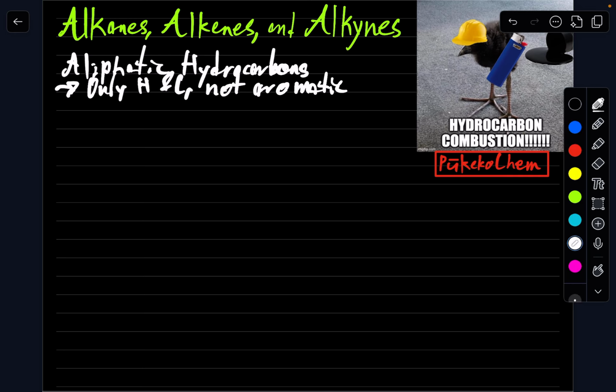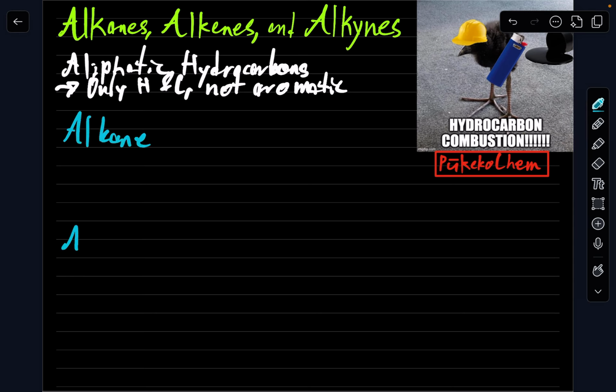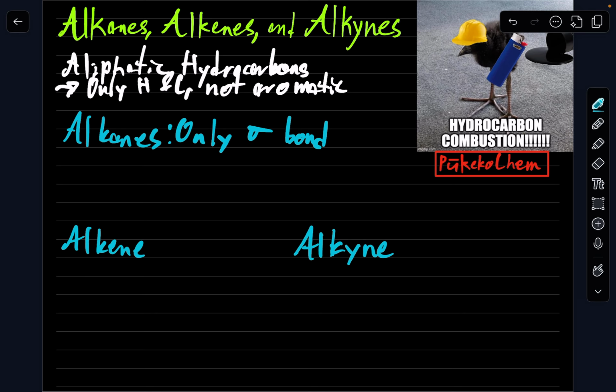So, what are the differences between alkane, alkene, and alkyne? So, alkanes are hydrocarbons that only have single bonds or sigma bonds between carbons.